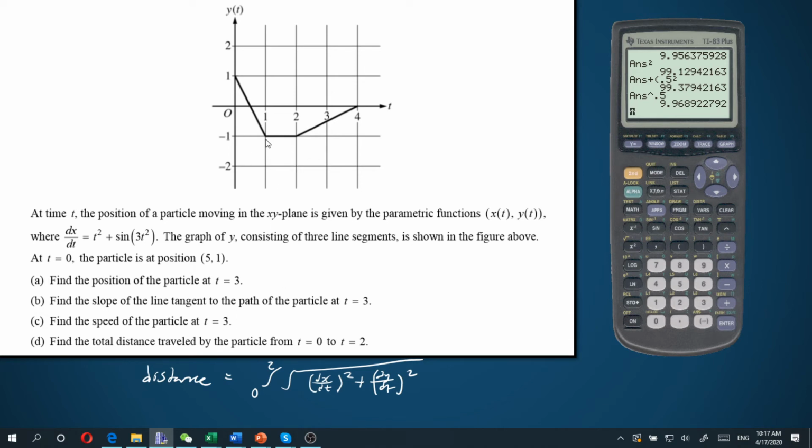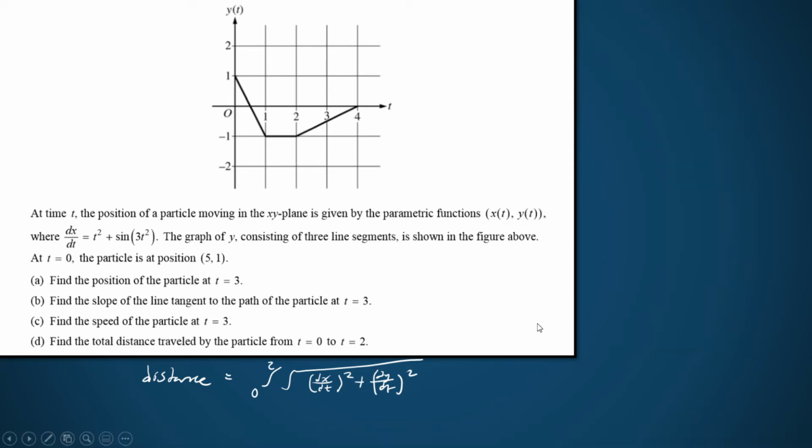Okay, I've actually got a problem here. Because we've got a piecewise function for our dy over dt, right? So I need to split this up. What do I need to split this up into?